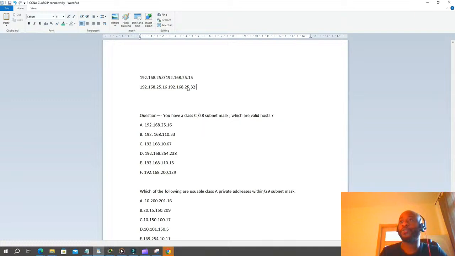So you cannot use the first and the last address of a subnet. The first one is the network ID, NID, and the last one is the broadcast ID. So you cannot use this, this is the network and this is the broadcast. So this is wrong.